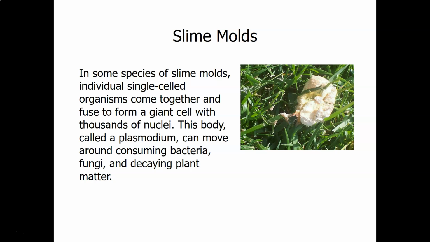So slime molds, we talked about, they can be water molds like the oomycetes, I'm trying to think of the word, and they can be plasmodial or cellular slime molds.